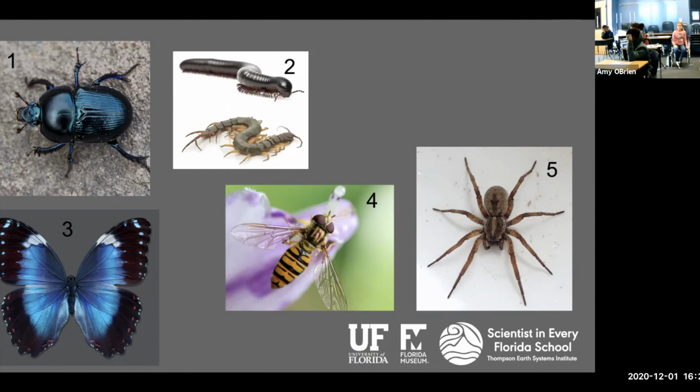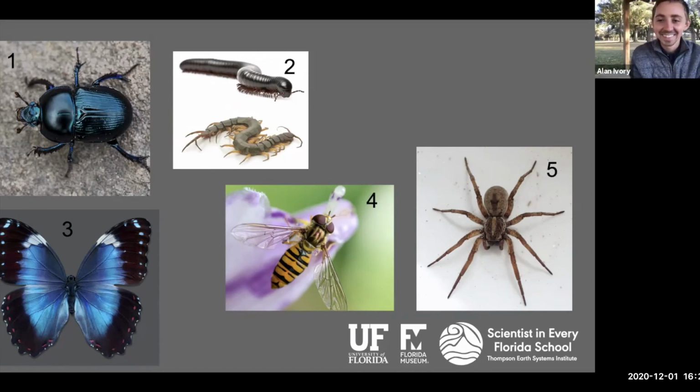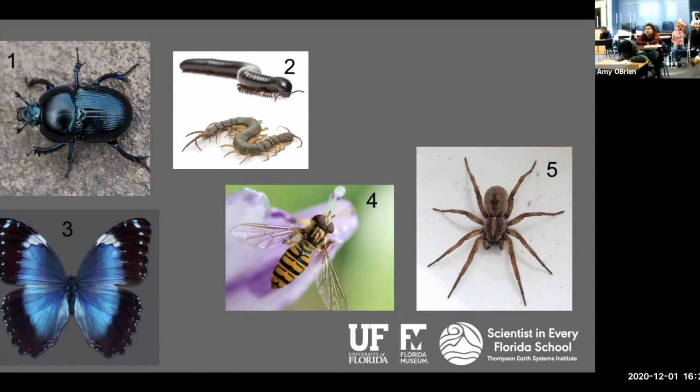Addison, listen up. One at a time. Addison, speak up. Why? It has 3 body parts. Yes, it does. Okay. We're saying it's an insect, number 4. Good job. And the last one. Let me see if I can move the picture out of the way. Number 5. What do you guys think?